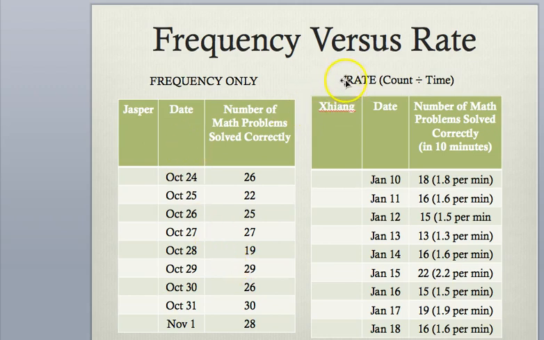Rate, on the other hand, we take into account both the count and the time involved in completing these problems. So here's Sheng, and we are now counting the number of math problems solved correctly, just like we did over here. But now we know that all of these are within a 10-minute period.